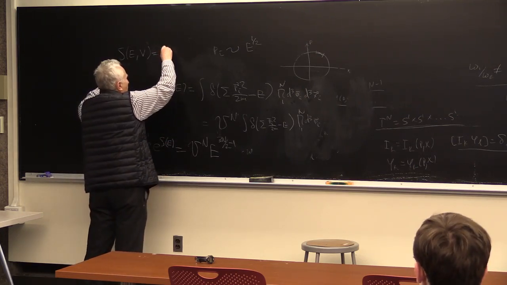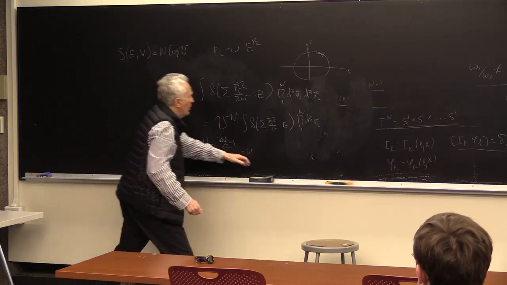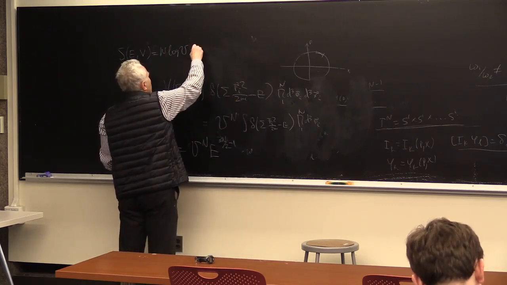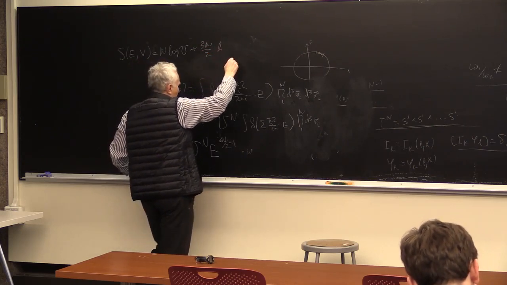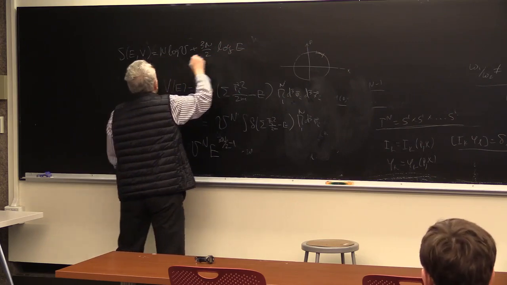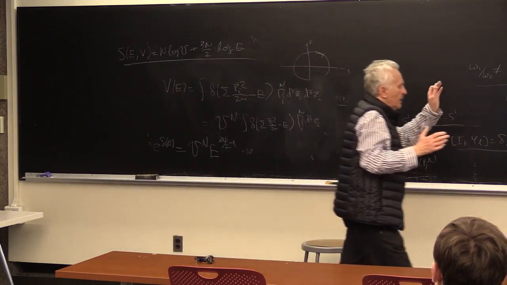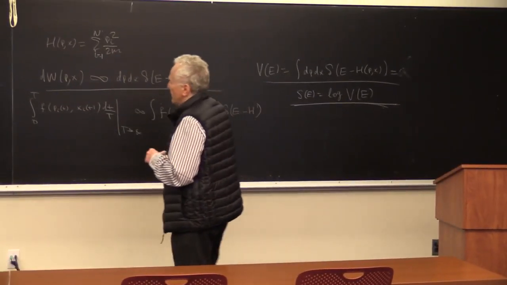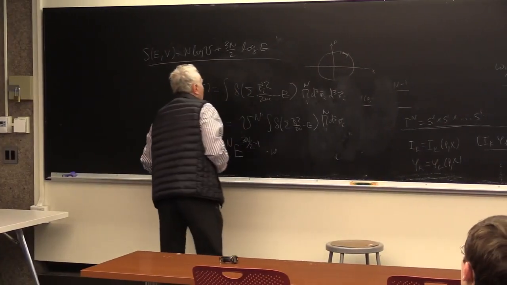It's n logarithm of the usual volume plus 3n divided by 2 times logarithm of the energy. And from here, we can immediately derive all the thermodynamics of the ideal gas, of the gas without interaction.